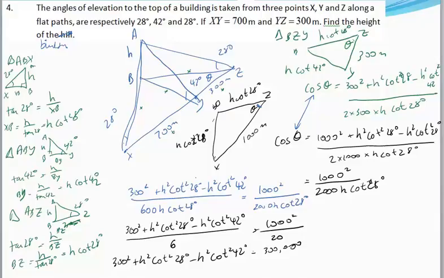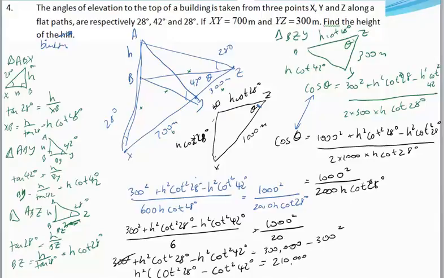So we minus 300 squared from both sides, and we take our H squared out. H squared times cot squared 28 degrees minus cot squared 42 degrees is equal to 300,000 minus 300 squared, so it will be 210,000.